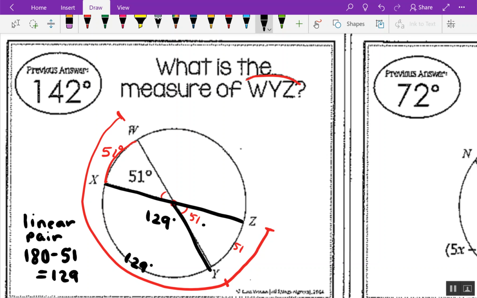So in order to get your red arc, all you have to do is add the 51, the 129, and the 51. I'd really appreciate it if you were doing your own calculations right now, not waiting for anybody to give out the answer. 231. Use a calculator.